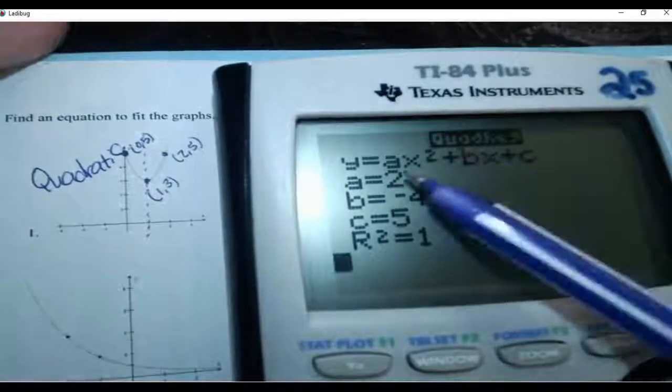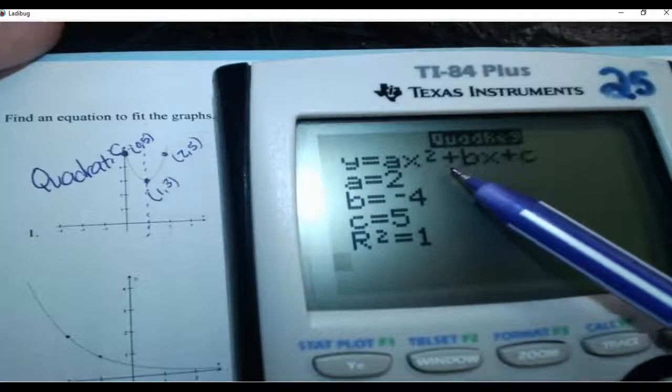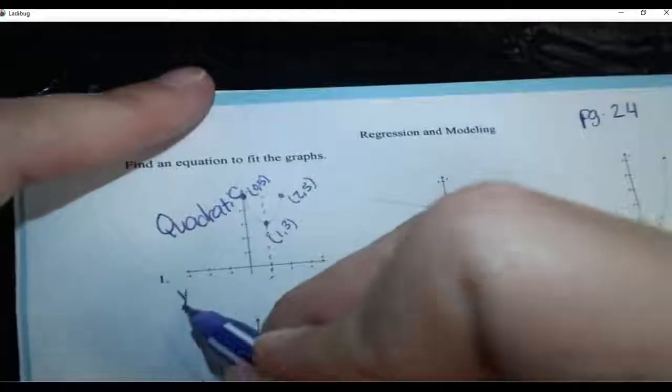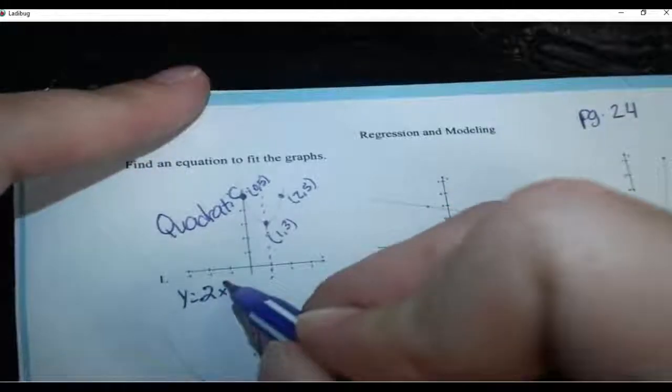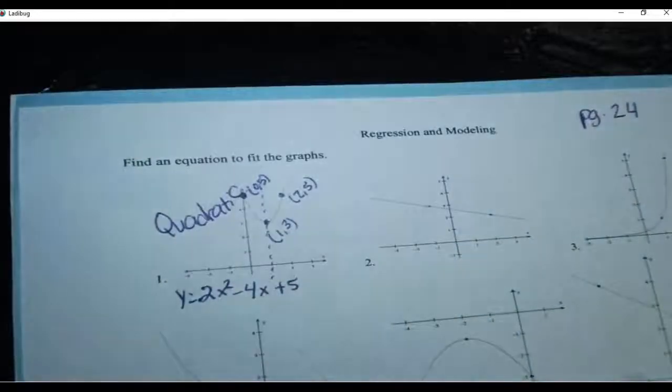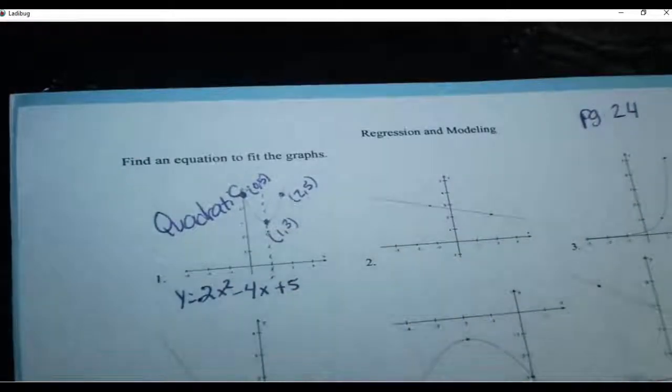So then if we write this equation, we have 2x squared minus 4x plus 5. So again, r squared tells you how closely your equation matches your data points, how well it fits those points. And you want it to be as close to 1 as it can be. Question on that.